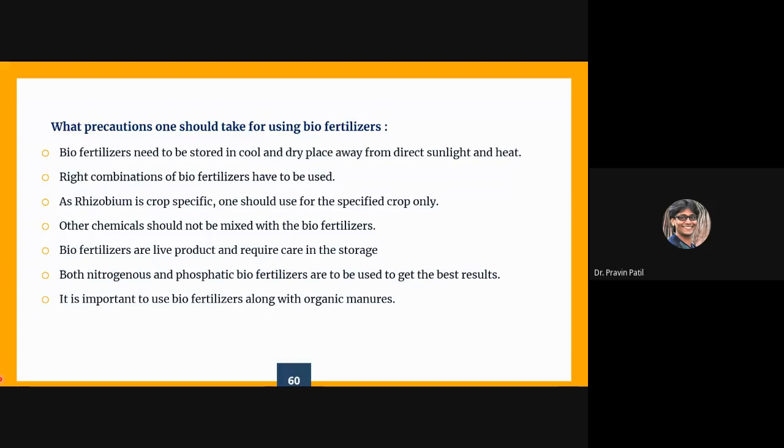Several times, some farmers take chemical fertilizers and put them with the microbial fertilizers, but they forget that these chemicals are literally killing those microbes, and the efficiency will be lost in the process. So biofertilizers are live products and require care in storage. Even though they look like they are not moving, these are live microbes and we have to store and conserve them accordingly.